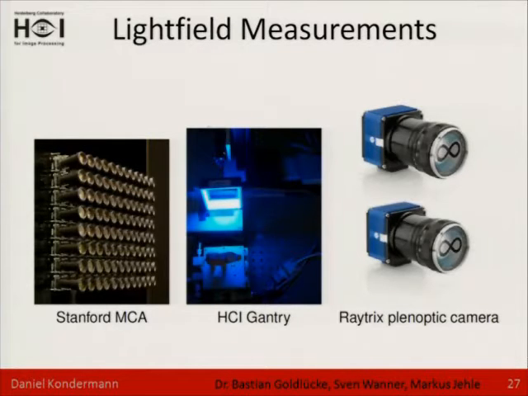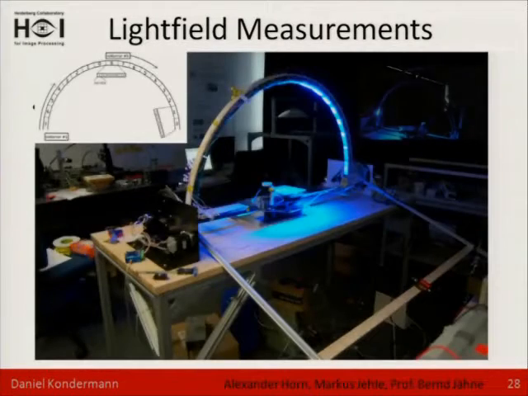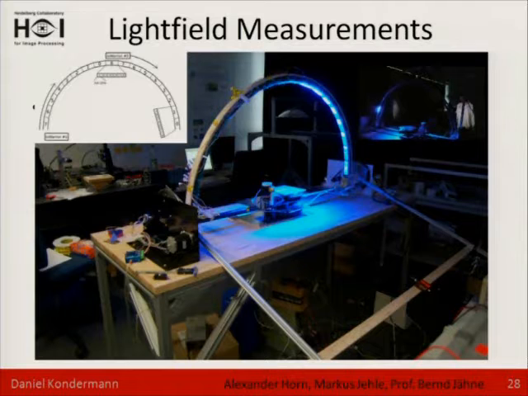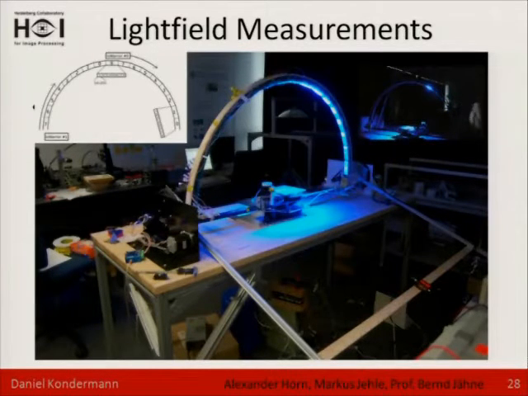We acquired 2 Raytrix plenoptic cameras. We built this light dome gonio-reflectometer, where you can change the light source and basically change the spectrum. It's relatively fast, and you have only one camera and different rotation angles. The problem is calibration. We will see how far we get with this.